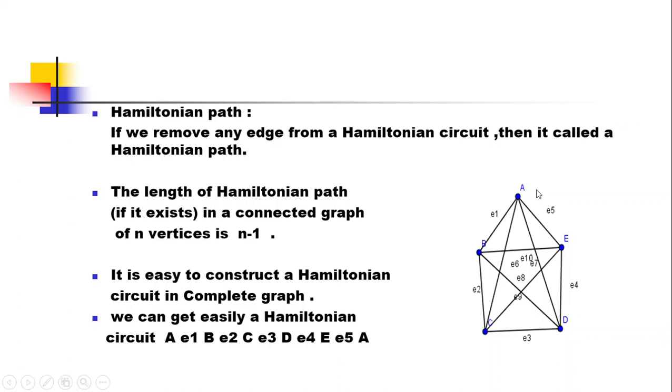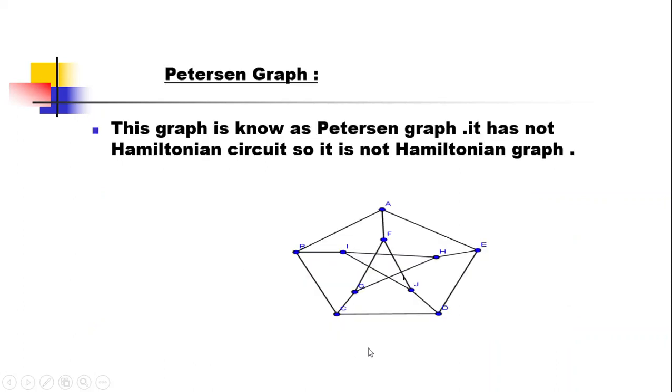Let us check that. You can consider the boundary of this complete graph: E1 B, then E2 C, E3 D, E4 E, and E5 A. Then it becomes one Hamiltonian circuit, and that is called a Hamiltonian graph. So we can easily get a Hamiltonian circuit, that is E1 B, E2 C, E3 D, E4 E, E5 A. And there is one special graph here, the Petersen graph.